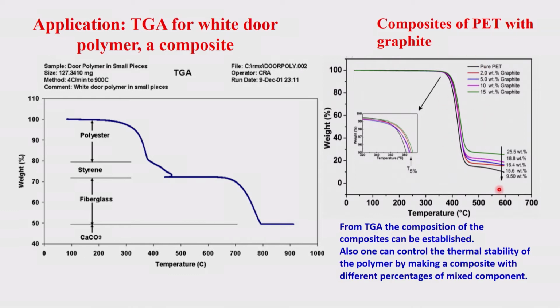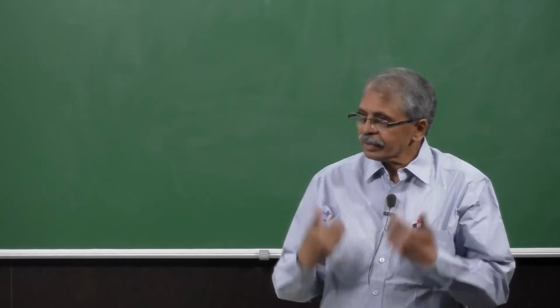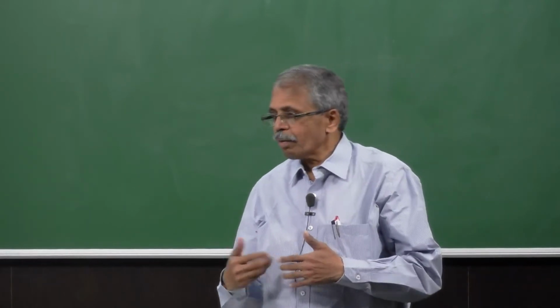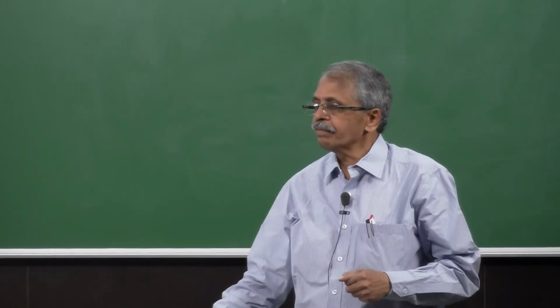So as you increase the percent of the graphite that you have mixed with this and formed a composite, the thermal loss is less. In other words, it will be lost at a higher temperature. That means thermostability. So your polymer is PET, but you are adding some graphite into that to make it stronger, to make it heat resistant, less amenable to heat. So therefore heat stability. So this is another application where you can use it.